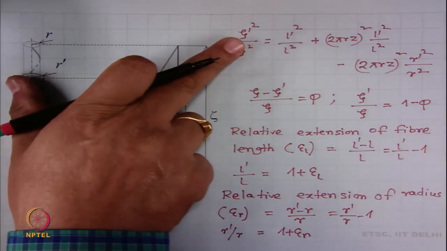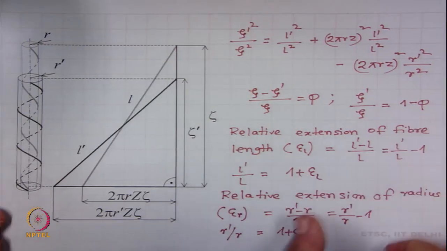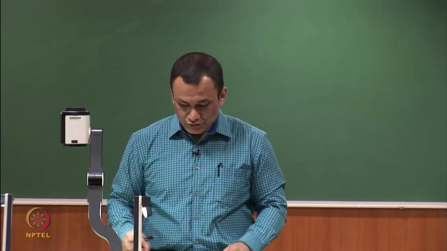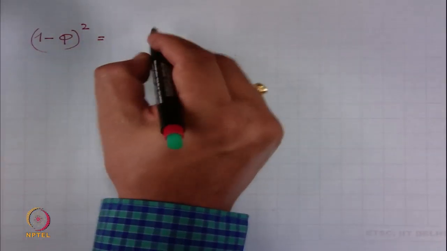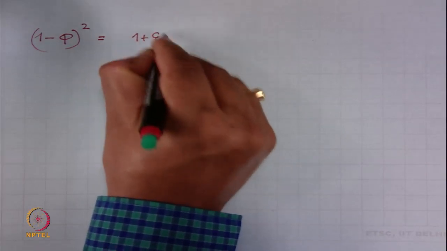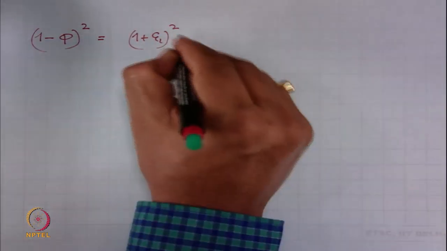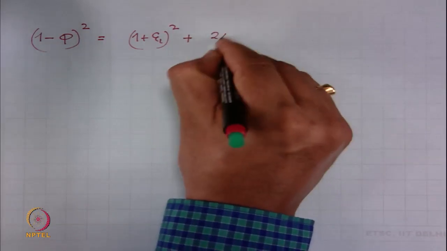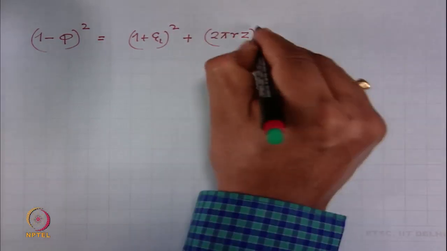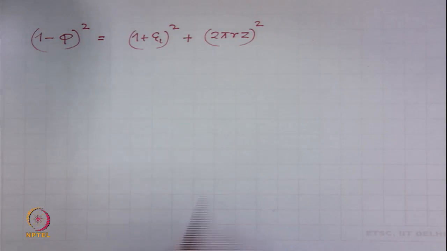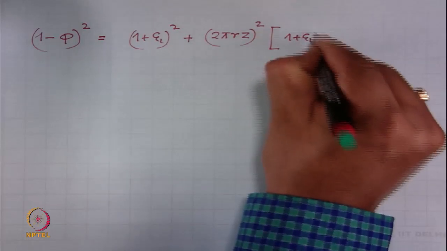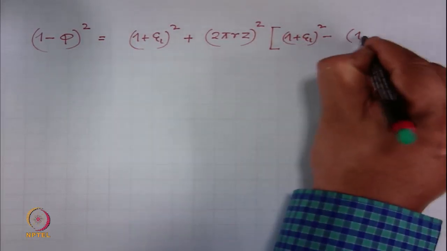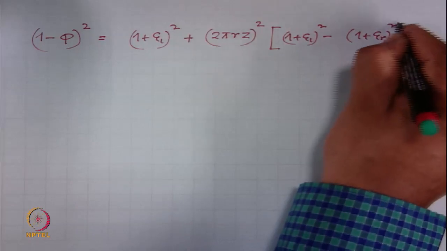So, this becomes 1 minus phi square. So, finally, we obtain is equal to L prime by L is 1 plus epsilon L square plus 2 pi r z square common L prime by L minus 1 plus epsilon r square.